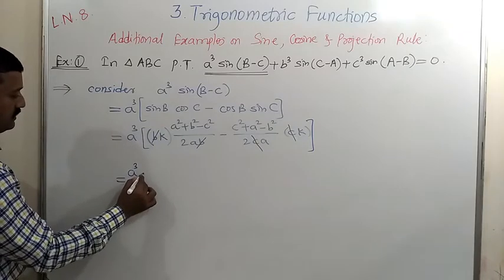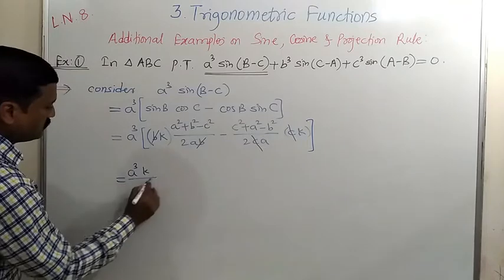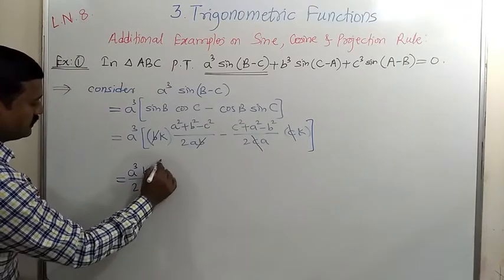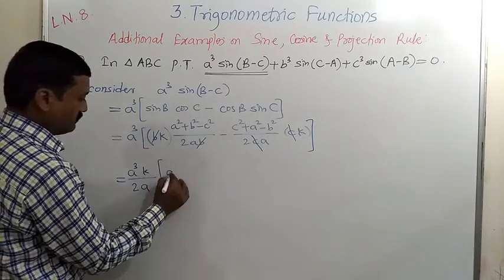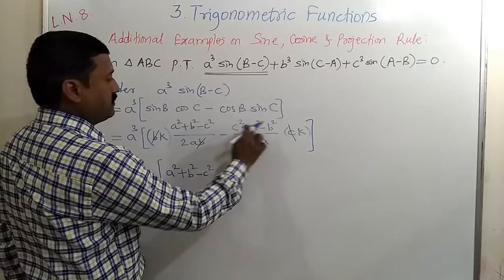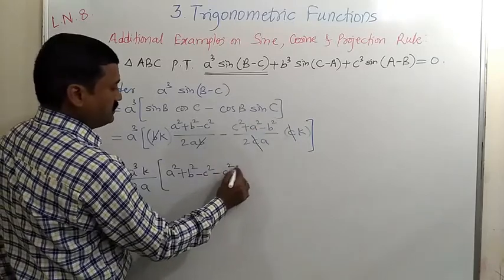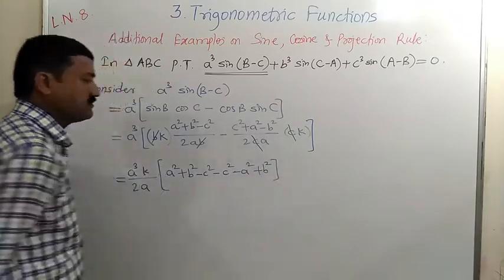So this is A cube into K. In the denominator there is twice A in both, so we can take it outside. In the bracket remains A square plus B square minus C square. Applying the negative sign, we get minus C square minus A square plus B square.